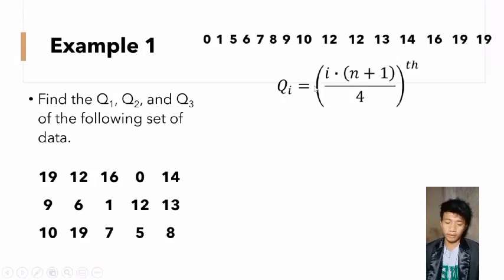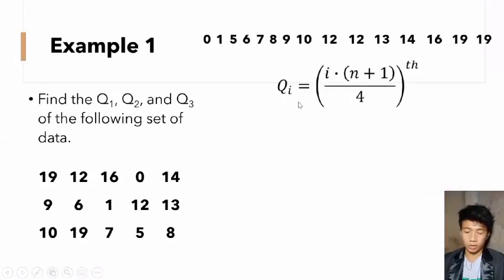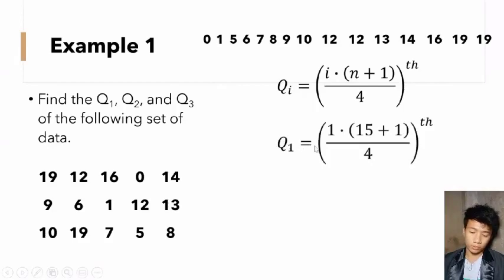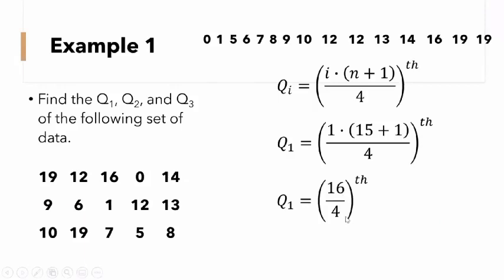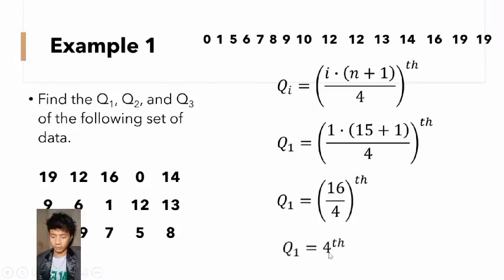Since we are finding quartile 1, our i is 1. So that is now Q1 is equal to 1 times our n, which is 15, the sample numbers here, plus 1, over 4. So that is now 16 over 4. 16 divided by 4 is 4.